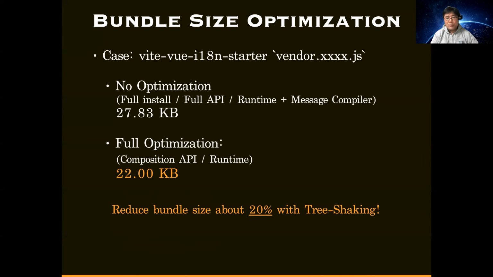Without boundary optimization, it was 27.83 kilobytes. When boundary is optimized, it was 22 kilobytes. You can reduce bundle size by almost 20%.